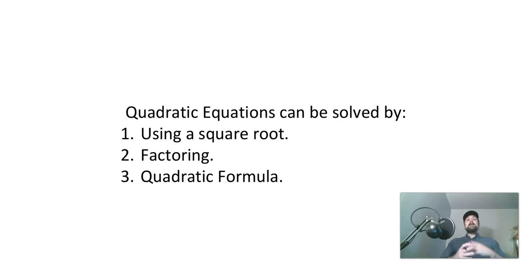There are some cases where that will be possible with these quadratic equations, and that process will involve a square root at some point. So one method that we're going to learn is to use a square root and just get x by itself to solve a quadratic equation. We'll talk about when that method is possible. It's not always going to be possible.